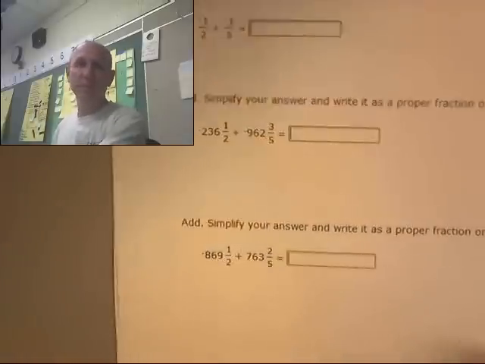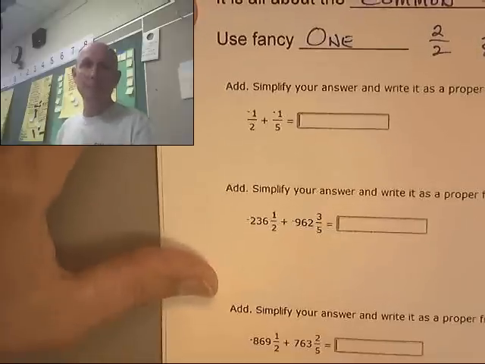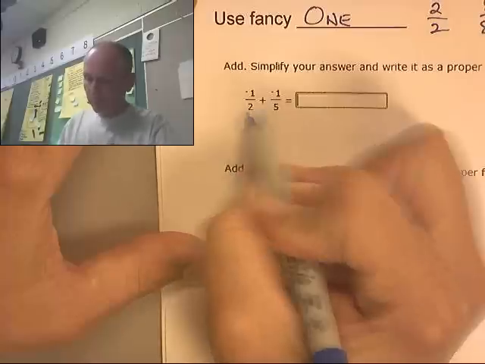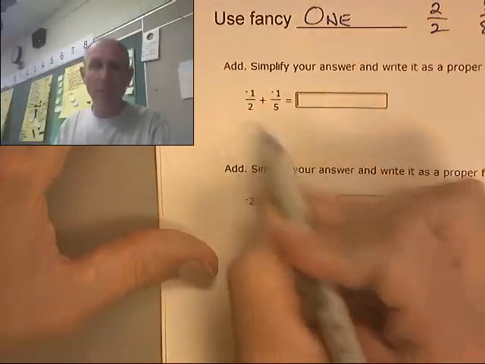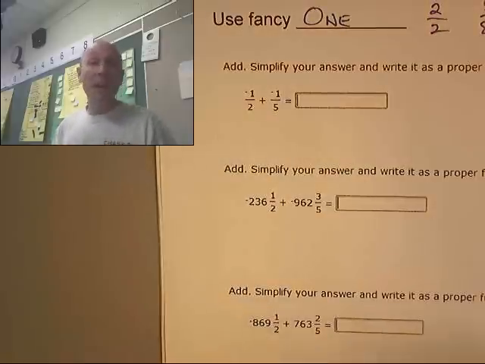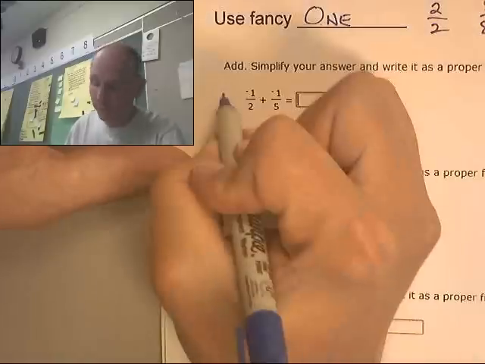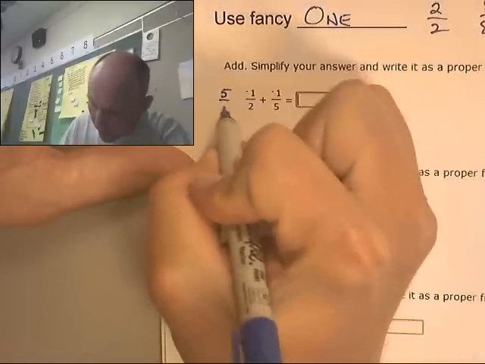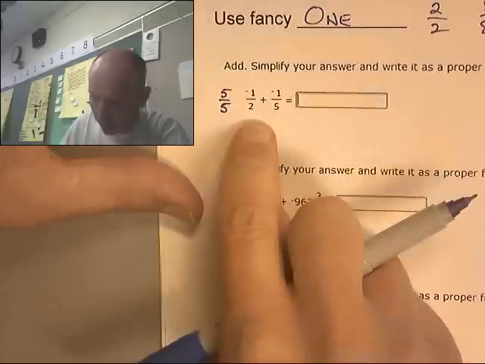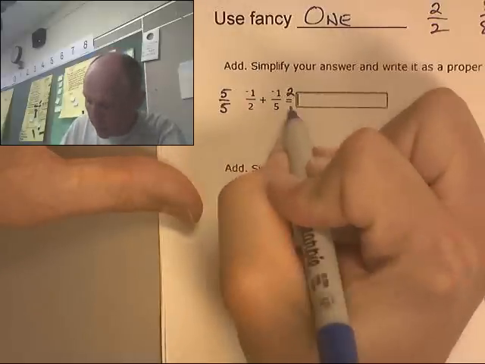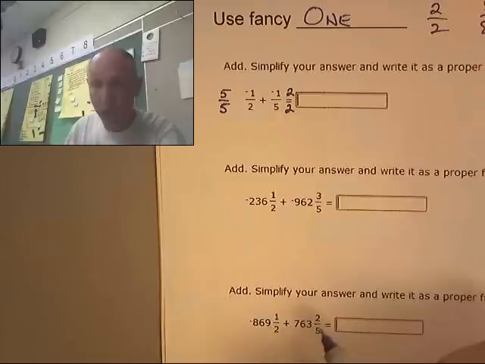Here's our first one. Negative 1/2 plus negative 1/5. Common denominator here, I need to take both of these denominators up to 10. How do I take a 2 and turn it into a 10? I'm going to hit this with a 5 over 5. That'll give me a denominator of 10. I'm going to hit this guy with a 2 over 2.